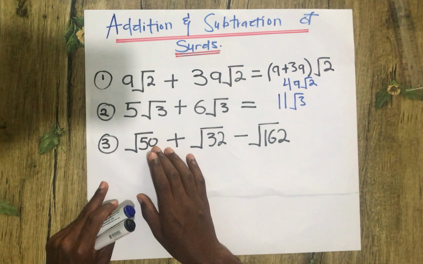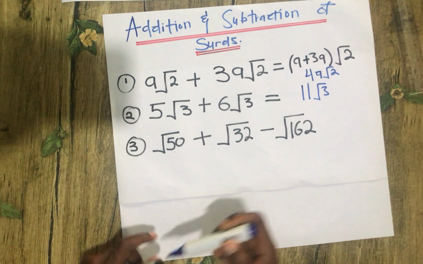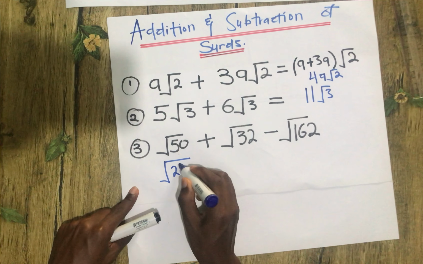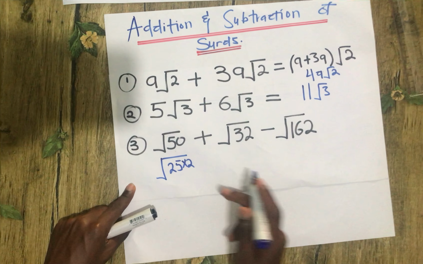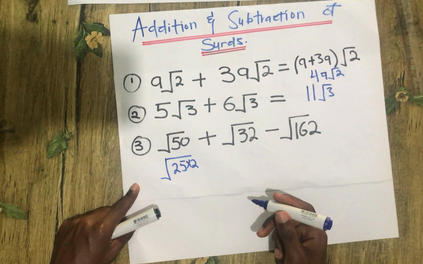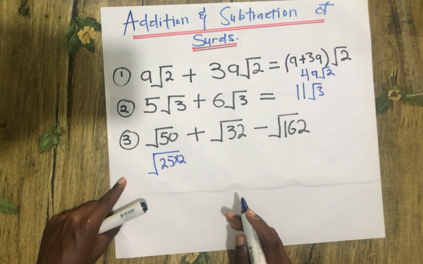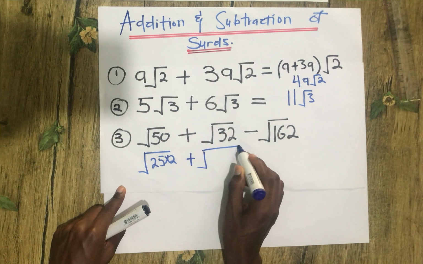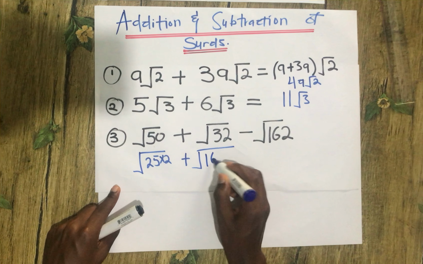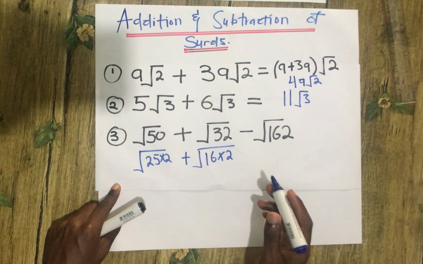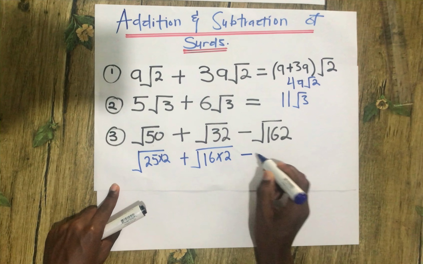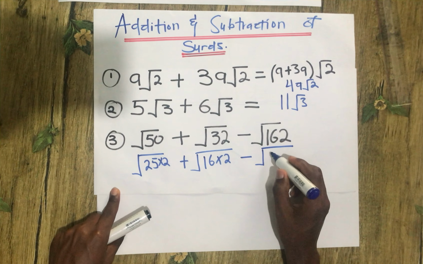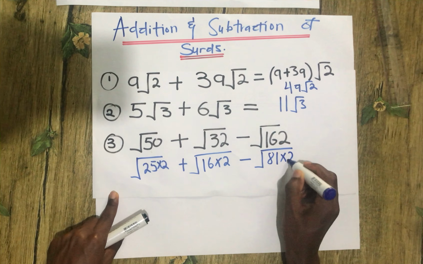Now, root 50, for example, can be broken down as 25 times 2, with 25 being the square of 5. Now, 32 can also be broken down as 16 times 2, with 16 being the square of 4. And 162 can also be broken down as 81 times 2.